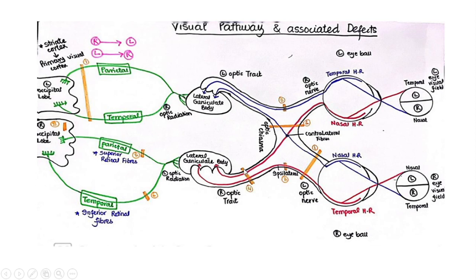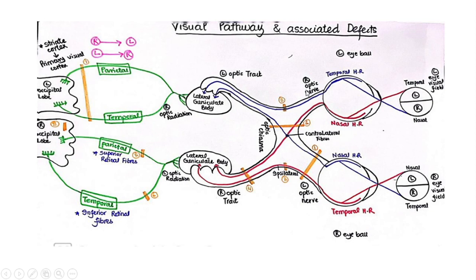Then the fourth lesion is here, the right optic tract. Fifth lesion is here, right superior retinal fibers. Sixth lesion, right inferior retinal fibers. And the seventh is when the whole optic radiation of the left side is damaged, including both superior and inferior retinal fibers. And then 8 is when the lesion is in the occipital lobe.